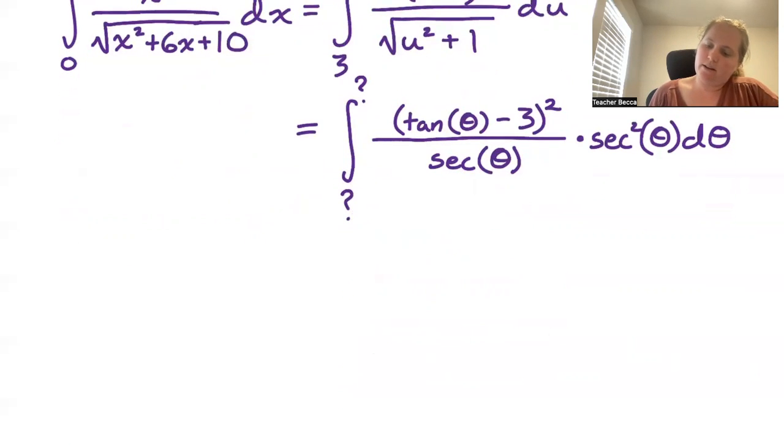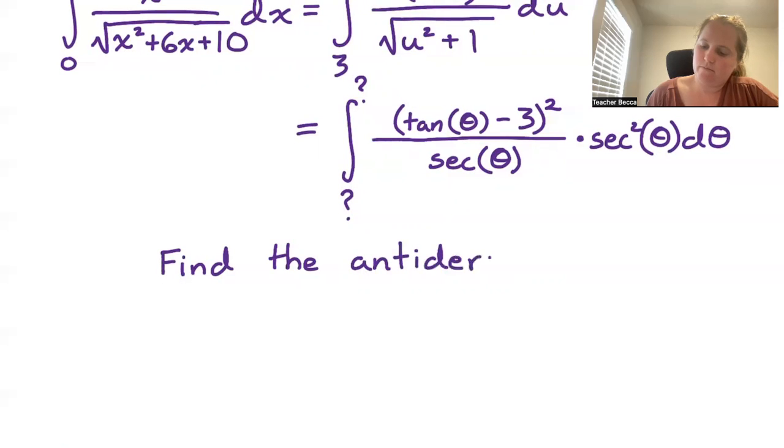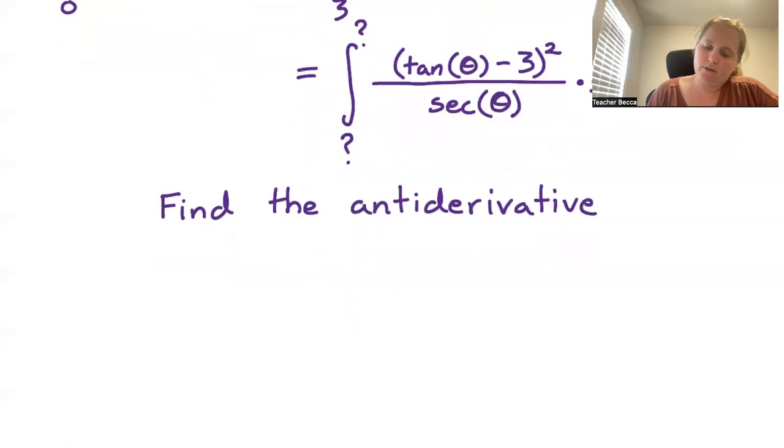So first finding the antiderivative. We are looking at an integral of one of the secants cancels out.